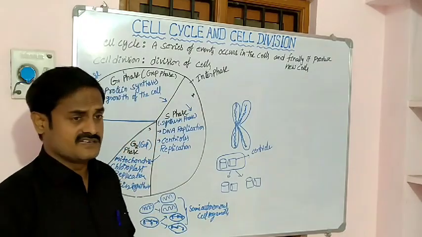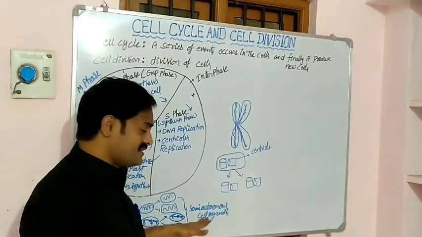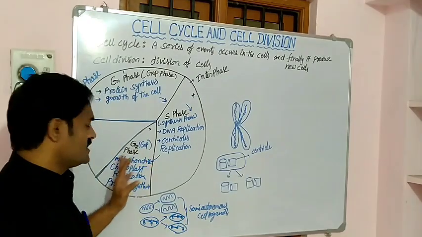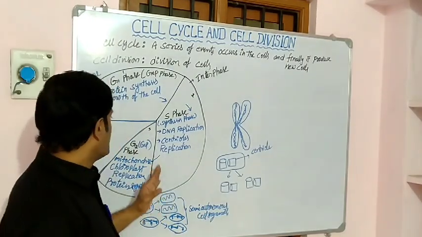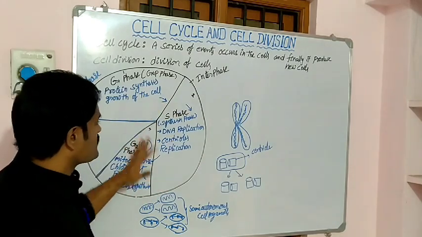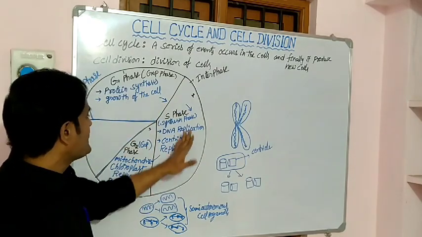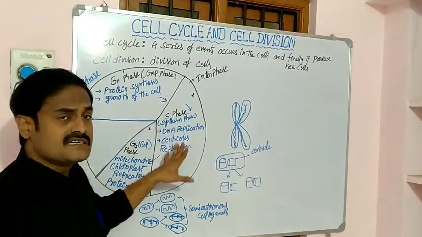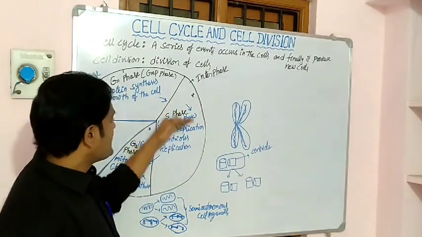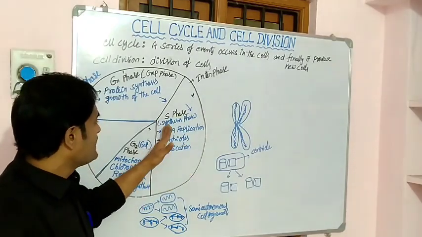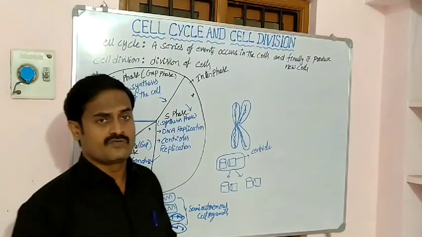So exactly in which phase do they replicate? During the G2 phase. Remember. Okay, this is the full information about the interphase. Up to here interphase is completed. Once the cell completes the interphase, then it enters one more phase.